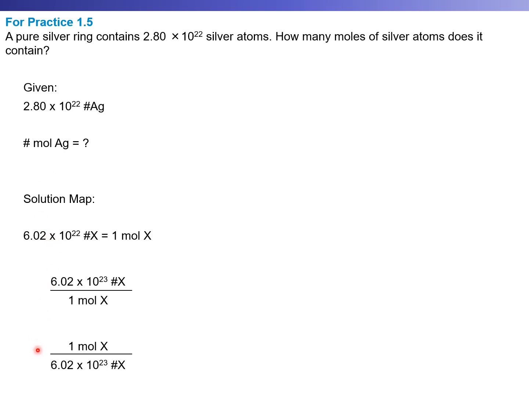So we're going to choose the version of this information that has the moles on top, and that would end up being this one right there. So let's get started. So we're going to write out what we're given, which is 2.80 times 10 to the 22nd silver atoms. And you're noticing what I'm doing here, and this is what I strongly recommend that you do as well.